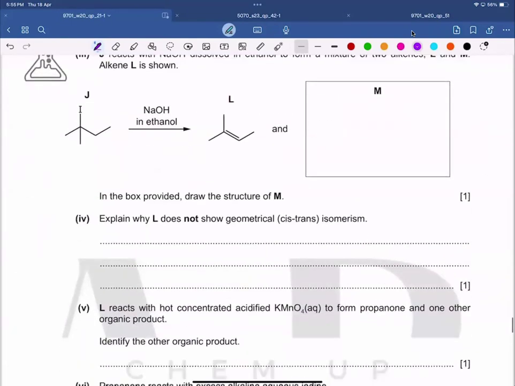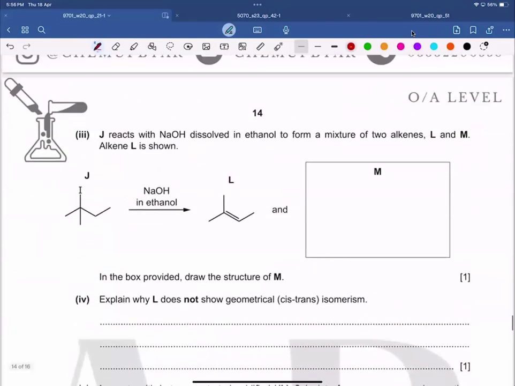Now, J reacts with sodium hydroxide dissolved in ethanol to form a mixture of two alkenes, L and M. Alkene L is shown.